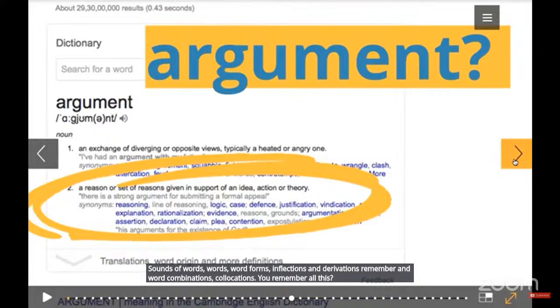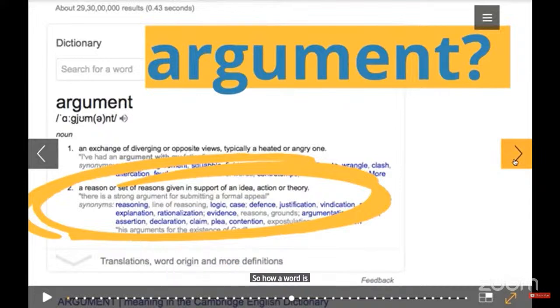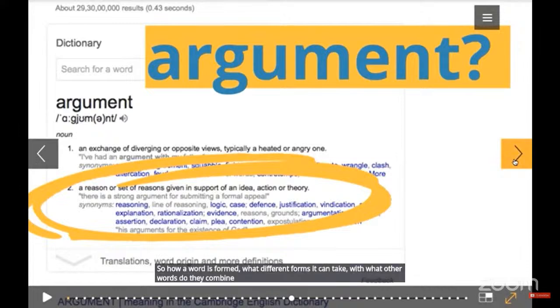So, how a word is formed, what different forms it can take, with what other words they combine, and how they become a phrase, clause, sentence. And of course, you learned synonyms, antonyms, idioms, phrases, literary devices too. You are now fully equipped with the building blocks to construct towering works of literary genius.